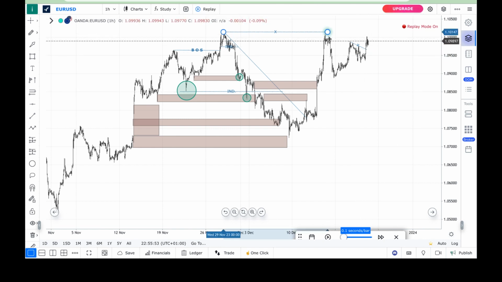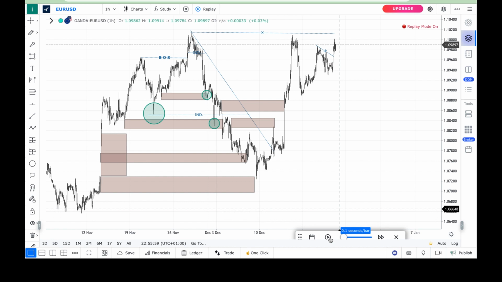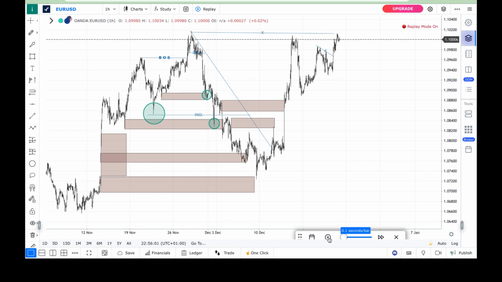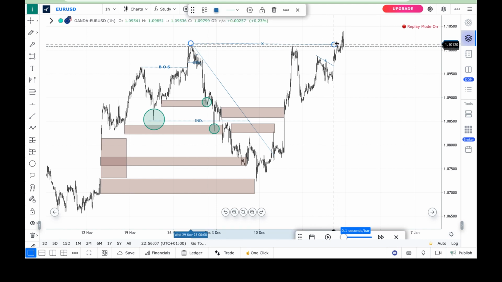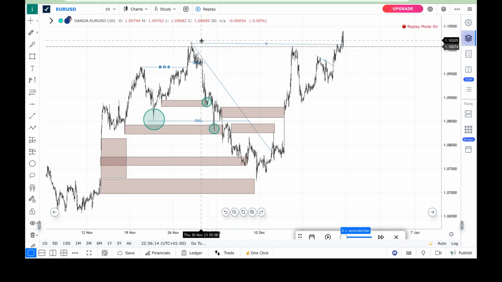Now, after taking out, let's wait till it takes them out. So now after breaking this, as you can see, it already took out another major high again.